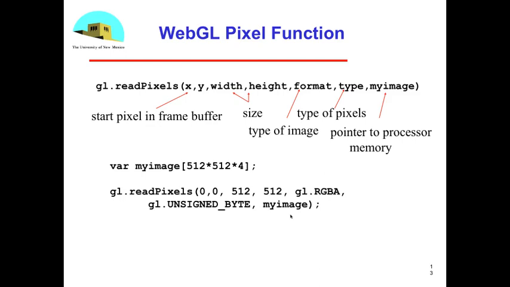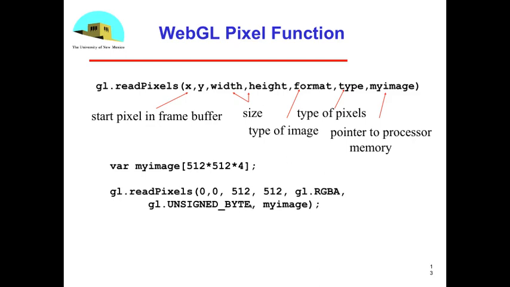Now, one other thing to mention here, which we'll be seeing a lot of, is that because we're working in JavaScript, it's usually easiest to create an image that is just a one-dimensional array of the right size. Say, how much space do I need?